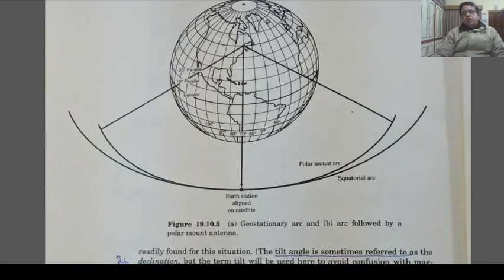So the lower curve is the equatorial arc and the upper curve is the polar mount arc. Geostationary arcs A and B are followed by a polar mount antenna.